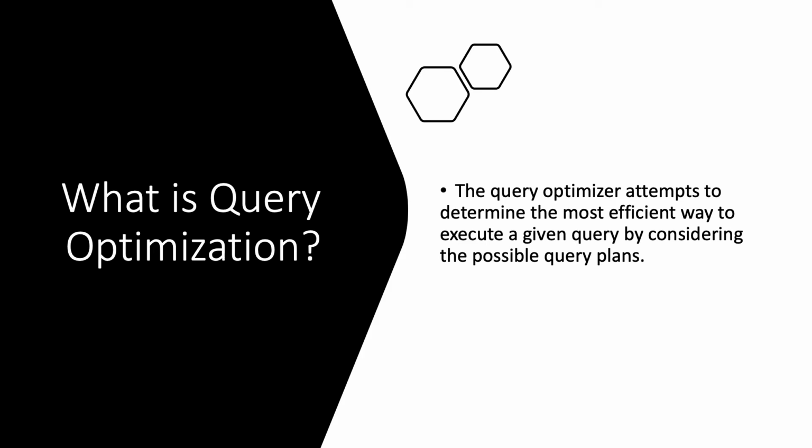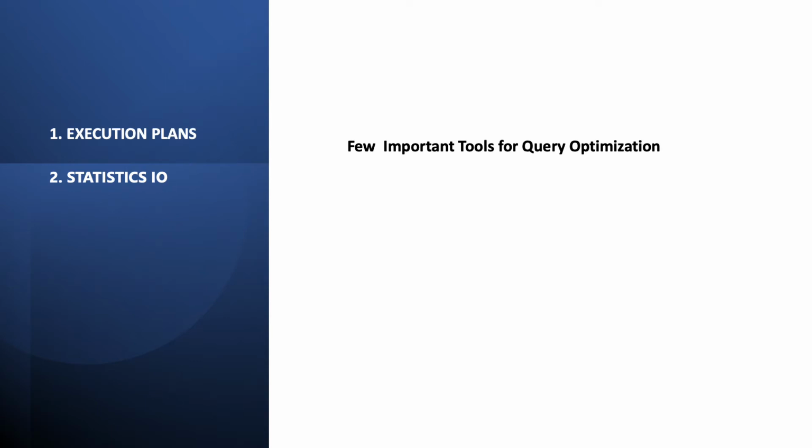The query optimizer attempts to determine the most efficient way to execute a given query by considering the possible query plans. This is query optimization. So what are the important tools of query optimization? There are two important tools of query optimization. First is execution plans. Second is statistic input-output.